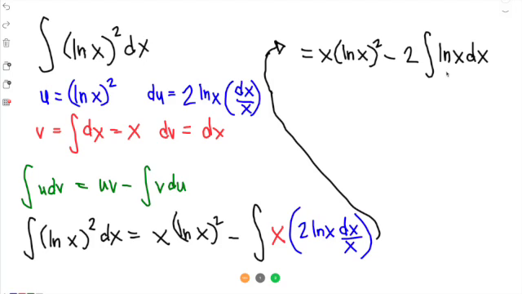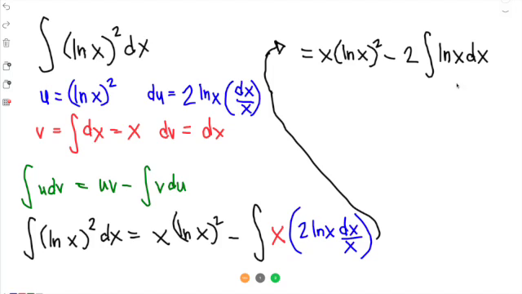Again, we didn't choose this as our u, or rather our v or dv earlier, since we don't have the answer for the integral of ln x yet. But here we can see how to take the integral of ln x.